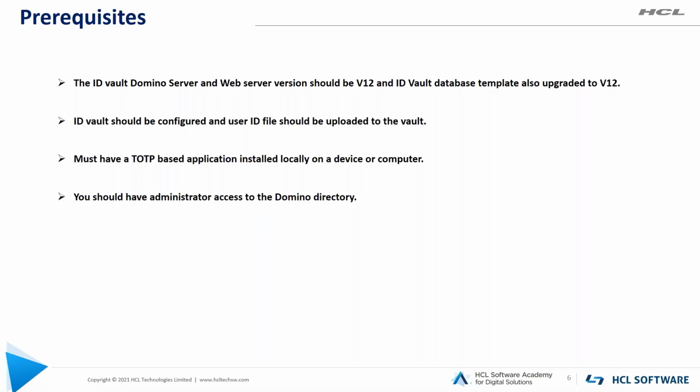So if you are upgrading the server from a lower version to V12, ensure you upgrade the ID Vault database template also. You must have installed a TOTP-based application on your mobile or computer, for example Google Authenticator, Authy, or Microsoft Authenticator, etc. And of course, you should have administrator access to the Domino directory. Moving to the next slide.